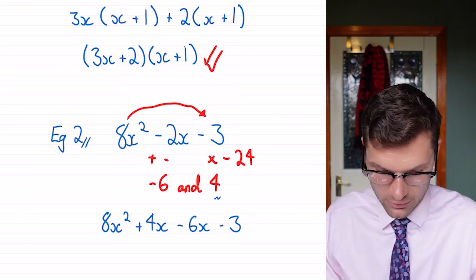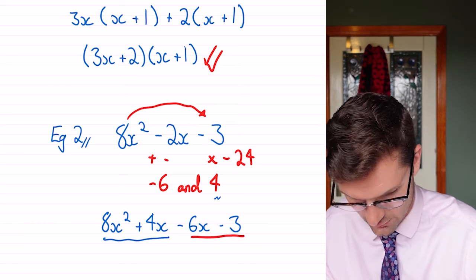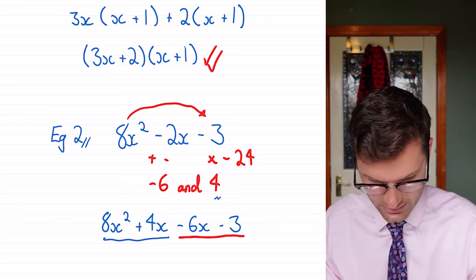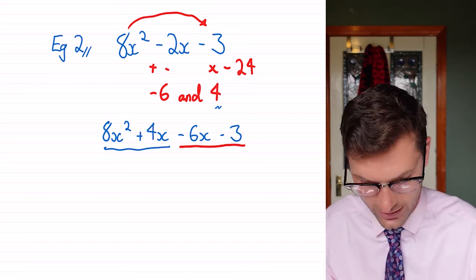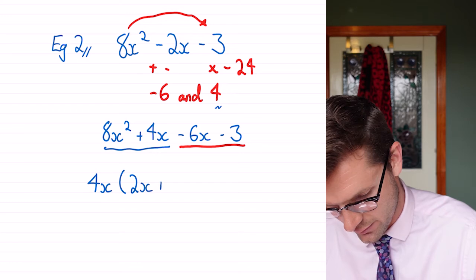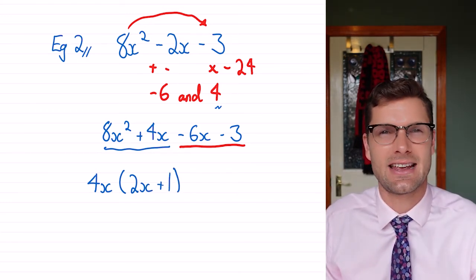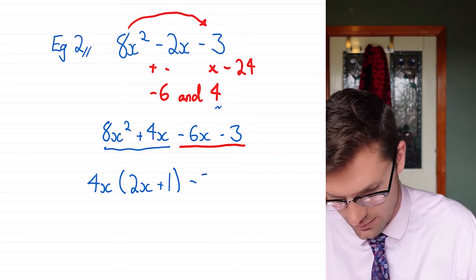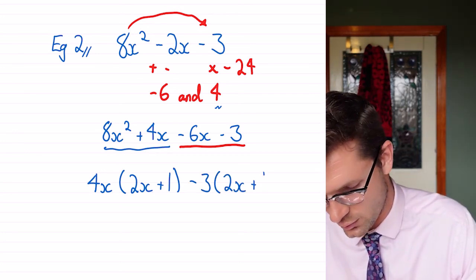So again, we're going to factorize both these terms at the same time in pairs. So we've got two pairs and we have to factorize them both. The common factor between 8x squared and 4x is 4x. So 4x comes out, we're left with 2x plus 1. And then the common factor between minus 6x and minus 3 is negative 3, and we are left there with 2x plus 1.